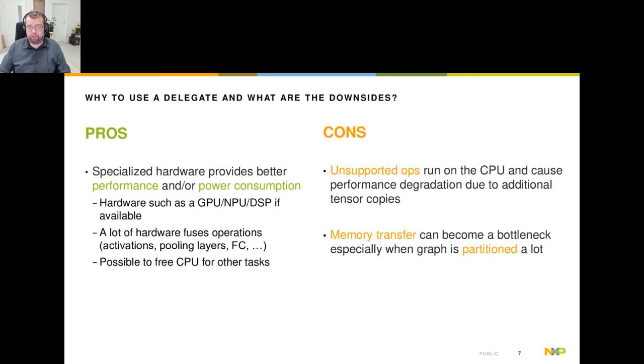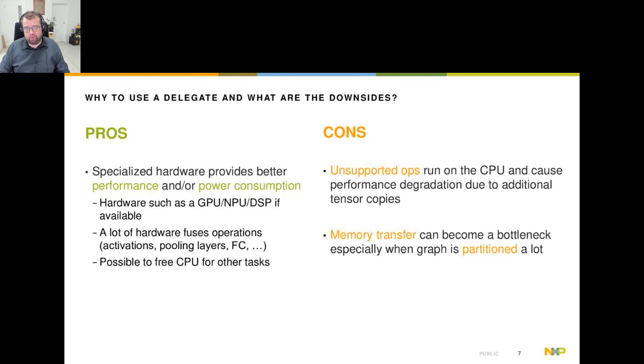NPUs also typically fuse layers. So in case you're, for example, running a convolution operation, afterwards you might have an activation or a pooling layer. Some NPUs fuse these together and may run it within a single cycle. In the past, I also ran into a use case where the customer was using an i.MX8 microprocessor with, well, not really a really low-end GPU.